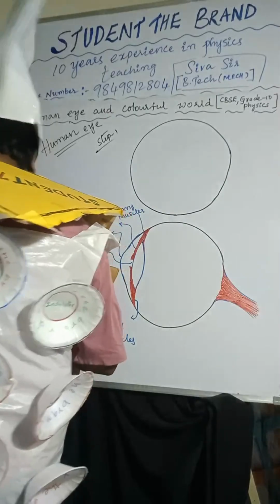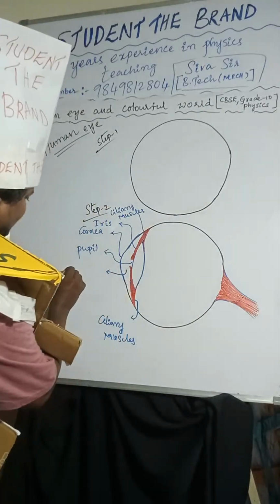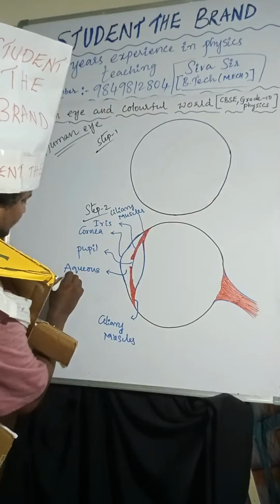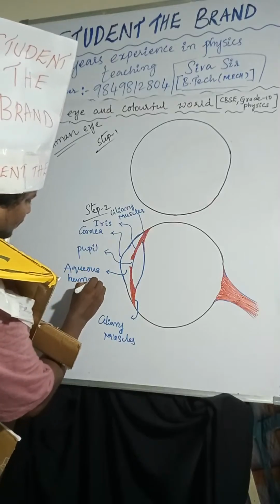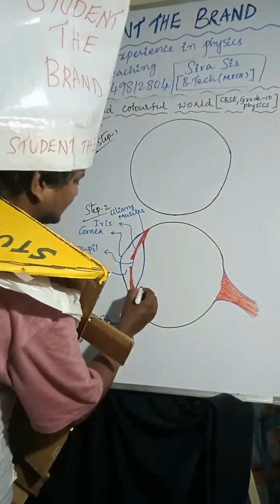And this portion is called aqueous humor. This portion has a jelly type liquid present between. Aqueous humor. And this one is the eye lens, the crystalline lens.